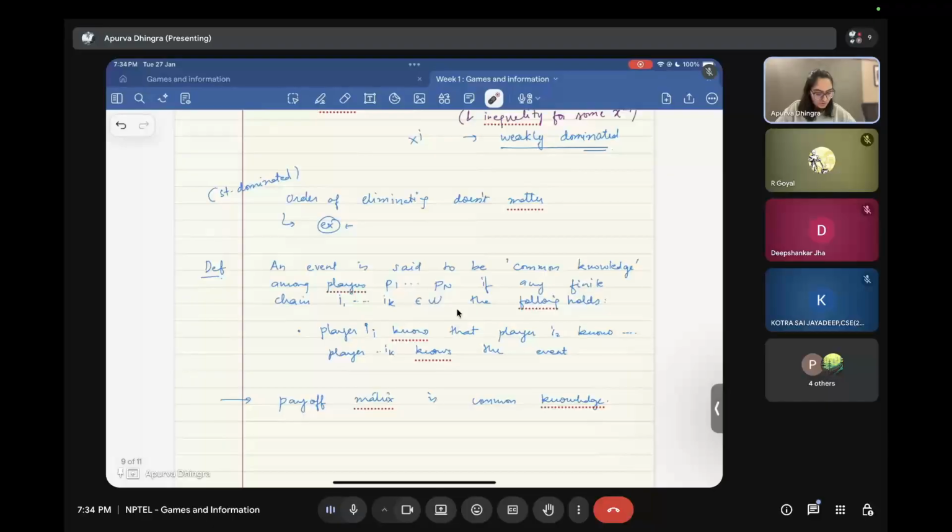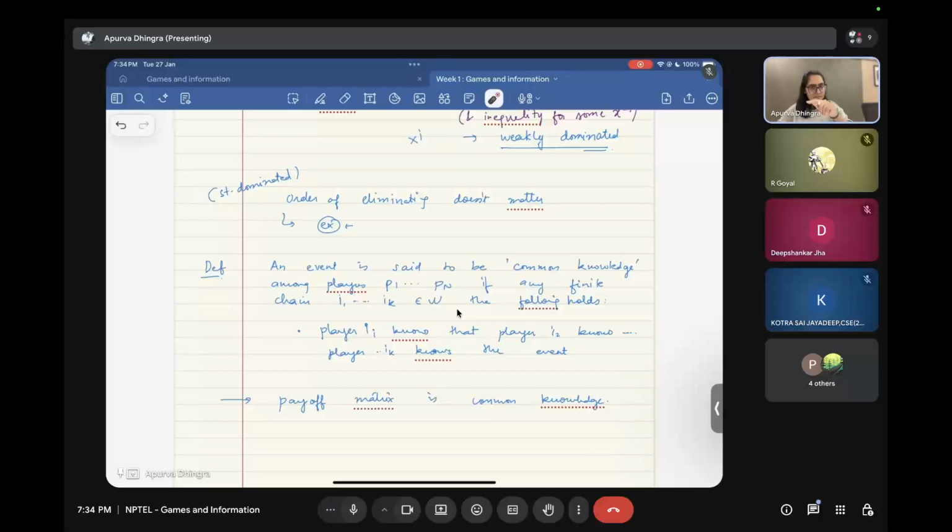There was a rough definition given of common knowledge, which is just saying that each player, let's call it player i, knows that some other player i2, or maybe the same one, knows that player blah blah blah, and it goes on till everybody knows that event. So if that event is known to everybody, and that is known to everybody, and so on, then that kind of an event is called common knowledge.